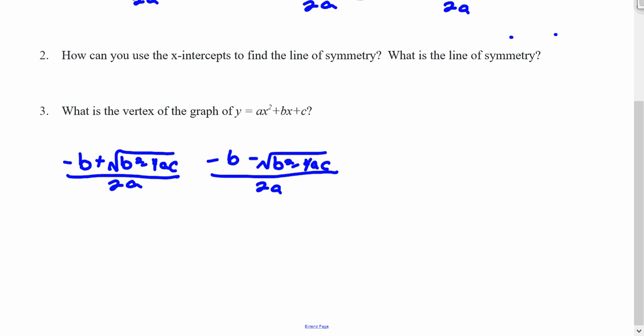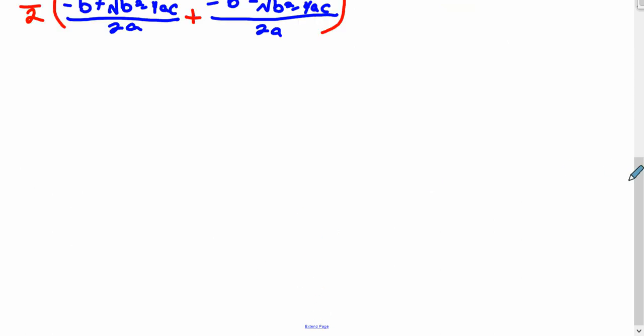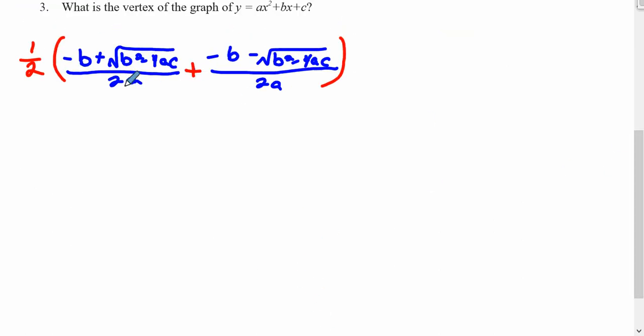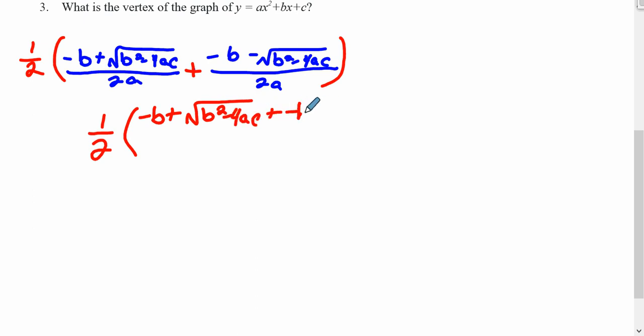So therefore, to average these two x-intercepts, I'm going to add them together and divide by 2. Remembering that dividing by 2 is the same thing as multiplying by 1/2. So when I add them together, they have to have common denominators. They do. So my numerator says the opposite of b plus the square root of b squared minus 4ac plus a negative b minus the square root of b squared minus 4ac.